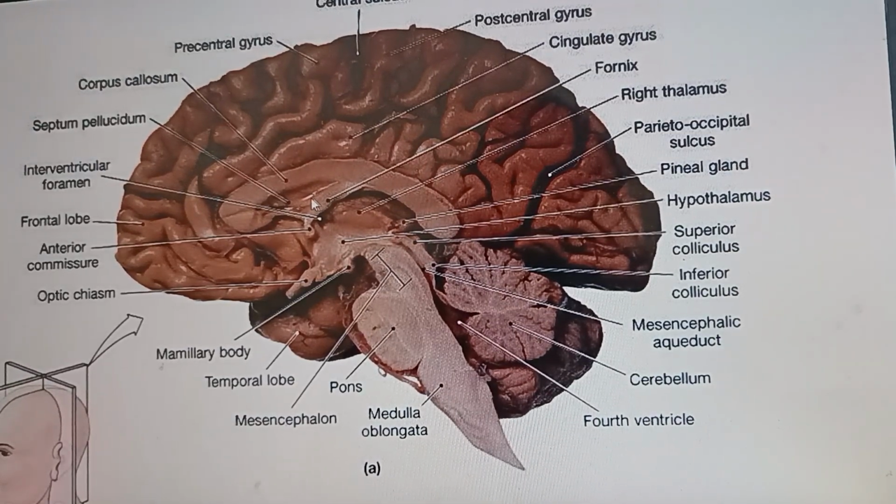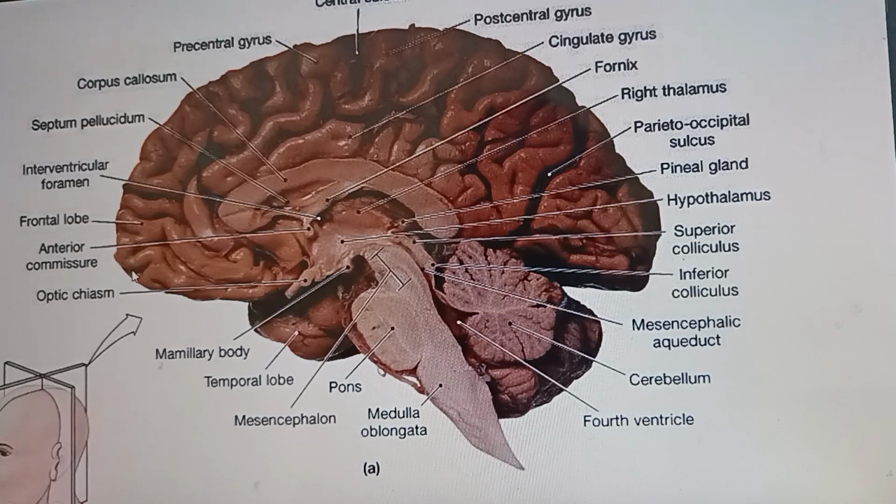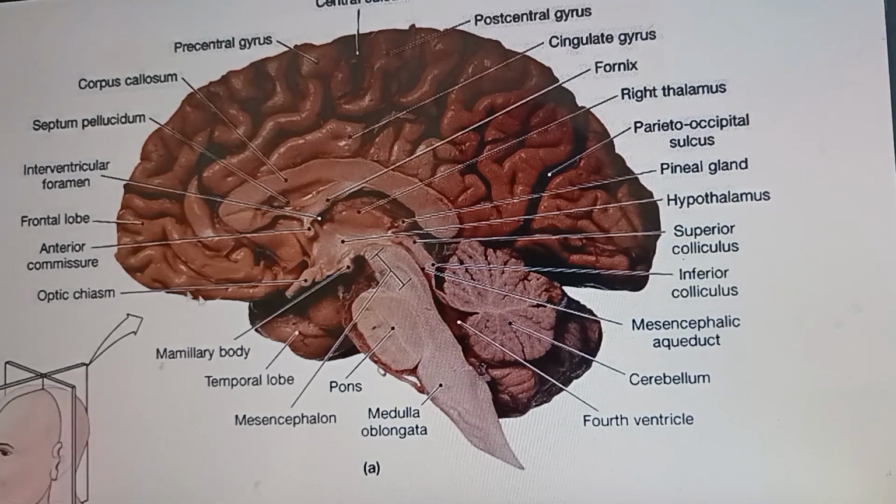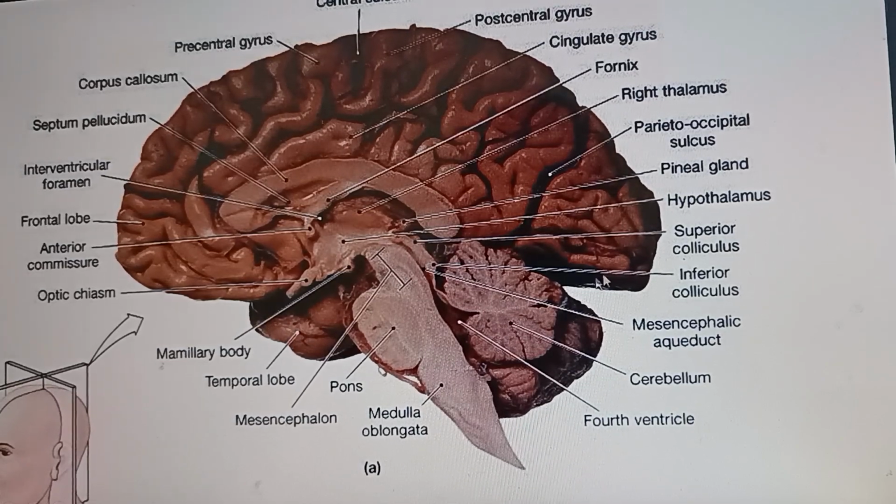Now let's look at the cerebrum. The cerebrum has three poles: the frontal pole at the front, the temporal pole in the front, and the occipital pole behind.